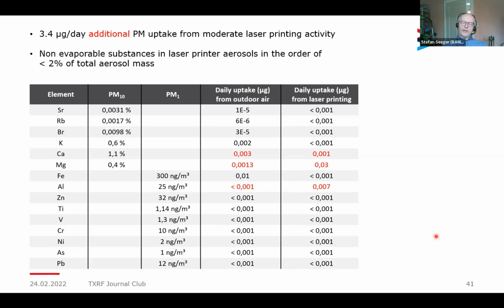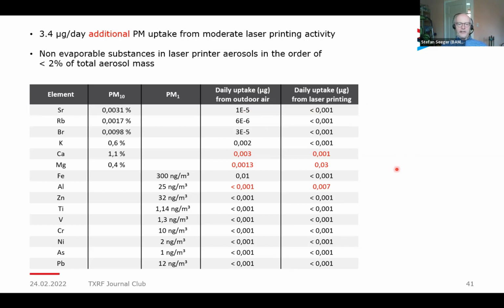And if we now combine this information, we end up with a comparison of the daily uptake from outdoor air in a city environment and the daily uptake from moderate laser printing activity, in order to answer the question, well, is that so dangerous? Does laser printing activity really pose severe additional environmental health risks?